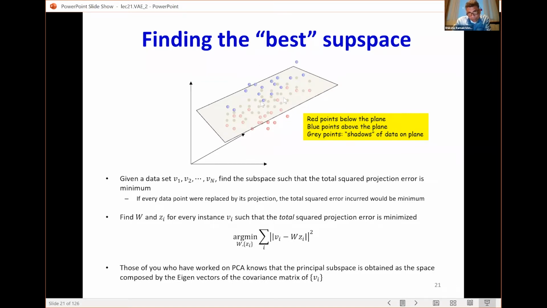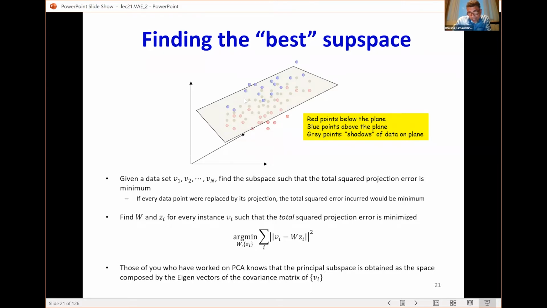But the point is, you want to find the subspace such that when every data point is projected onto it, the total squared error is minimized. Now, there's a different way of looking at it. This subspace has a bunch of bases, which are basically axes, which lie entirely within this subspace. And the shadow of any data point on the subspace is going to have some coordinates, z, in terms of these bases.